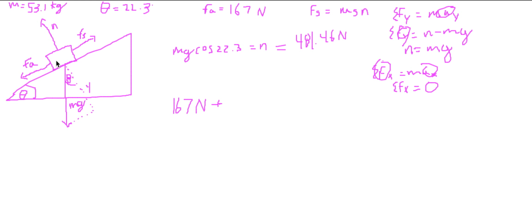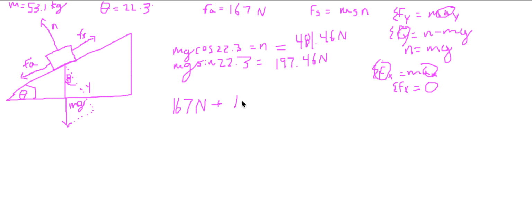That is the force acting downwards from the mass times gravity, and that equals mg sine of 22.3, because it's opposite over hypotenuse now. So 53.1 times 9.8 times the sine of 22.3 gives us a value of 197.46 newtons.